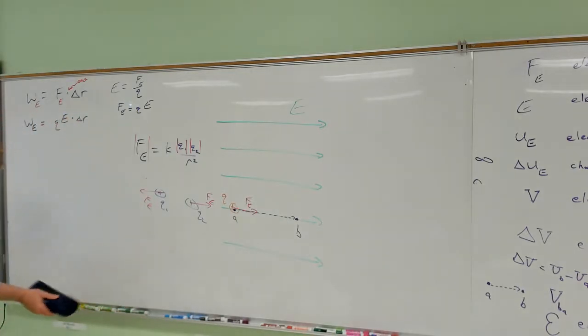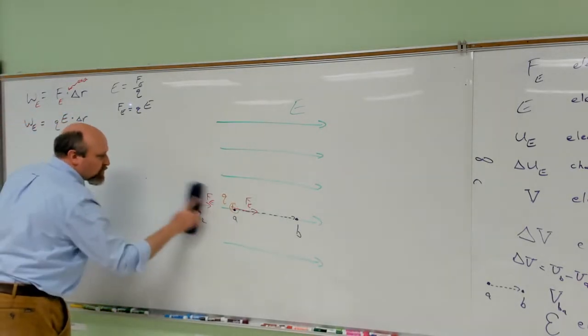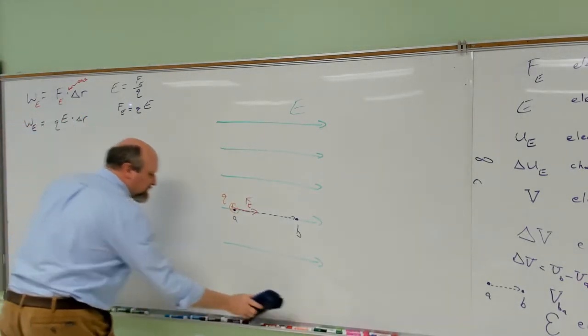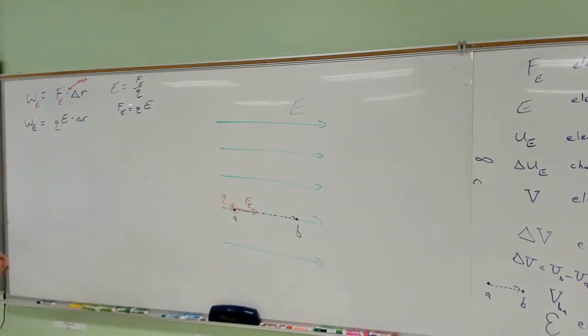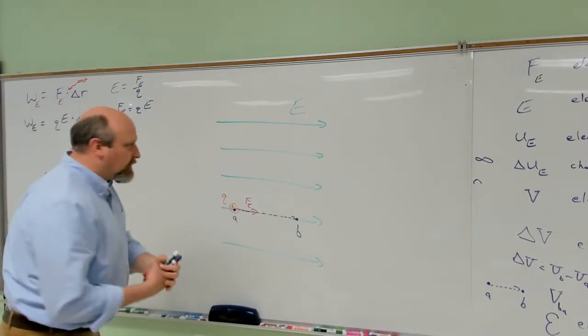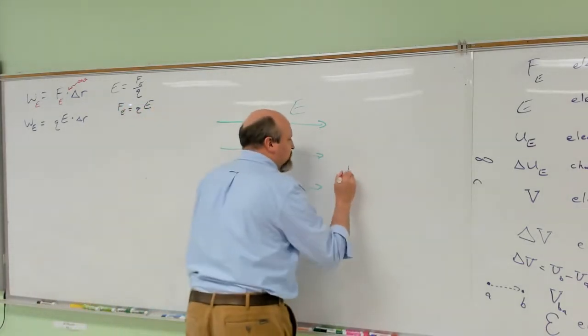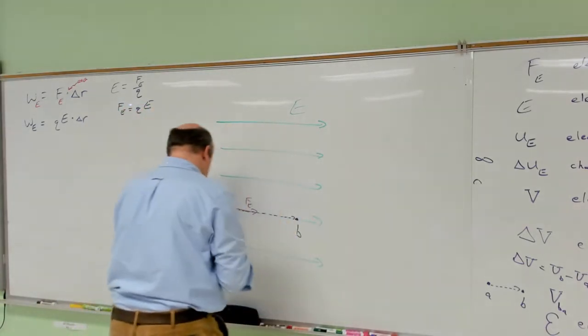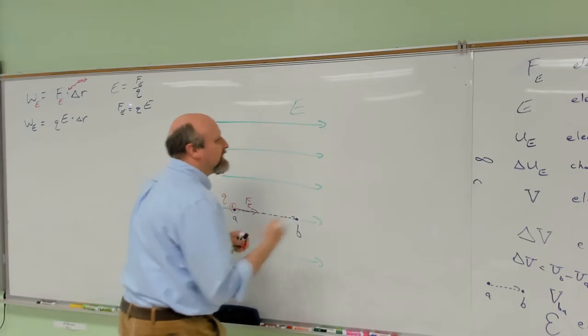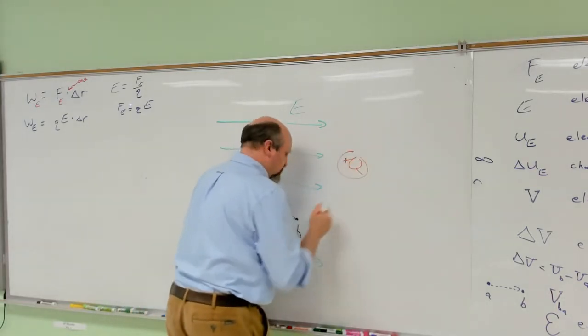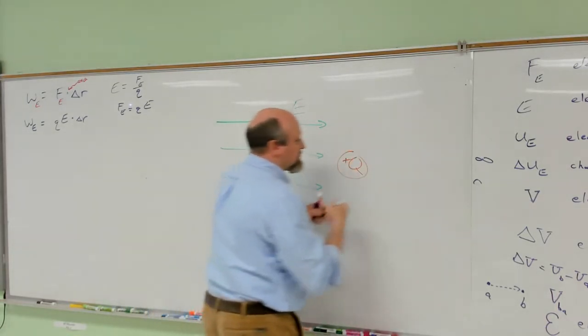So, moving onward. Back to this. We came up with an equation for the work done by a uniform electric field. But what if we had a slightly different situation? What if I had some great big charge here, making an electric field around itself?